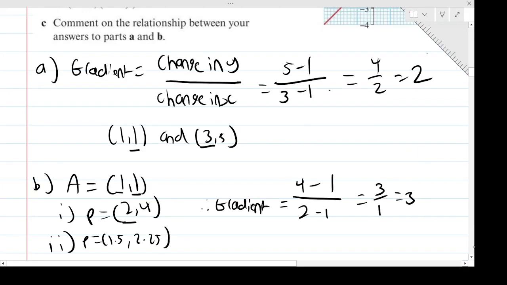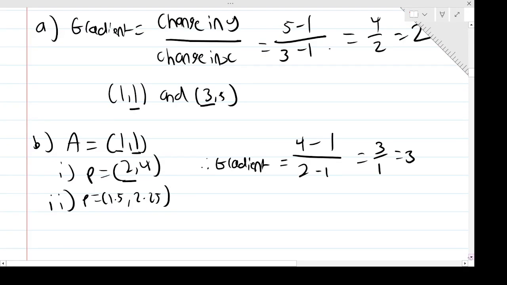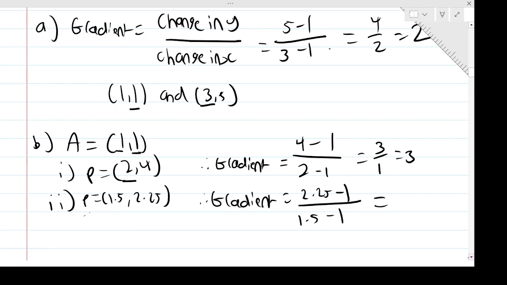The gradient is changing y over changing x. So y at P is 2.25, take away 1 from A, then 1.5 for x, take away 1. If we do that, we get 1.25 over 0.5, which would be 5 over 2, or 2.5.